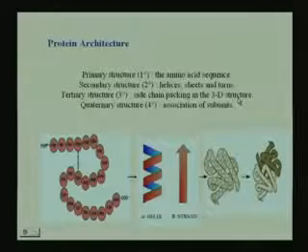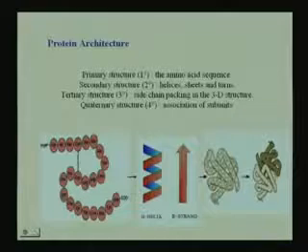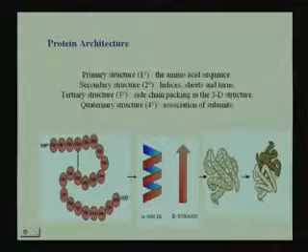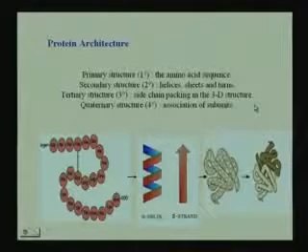We will do this later because we have to understand the interactions that go into what is called the folding of the protein. Finally, we have what is called the quaternary structure of the protein, that is the association of subunits.